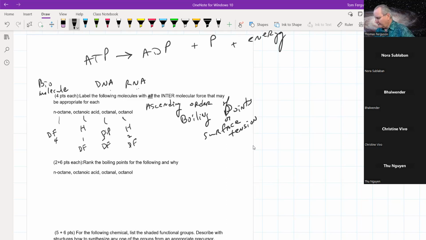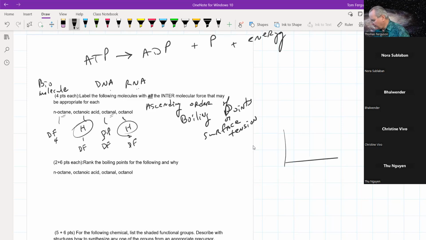Then we only have a very, very minor hydrogen bonding or just permanent dipoles with the aldehyde. And then this would just have something called dispersion force. And I mentioned that very briefly a number of lectures ago. But the main thing I want you to focus on are these guys.